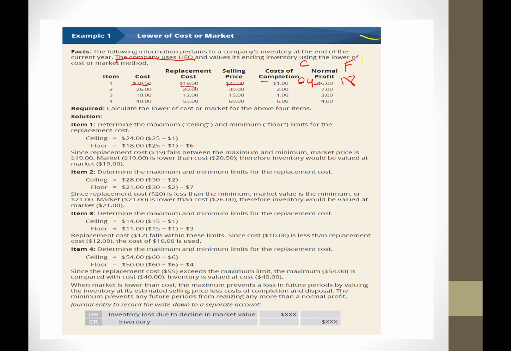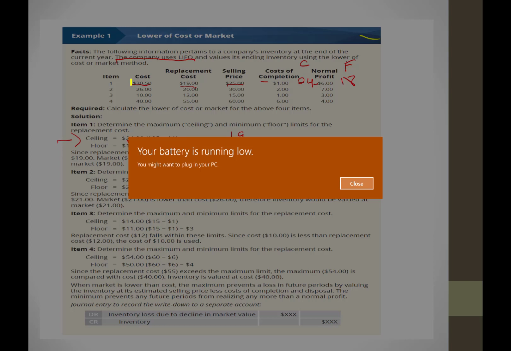So I look at the replacement cost. I'm down here now. I look at the replacement cost. It's 19. So it is what? It is below the ceiling. It's above the floor. So I can use that as my market, right? Because it's not over the ceiling. It's not below the floor. So then I take that 19, I compare that 19 to my cost of $20.50.